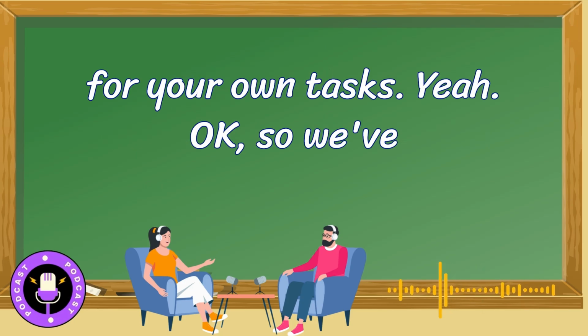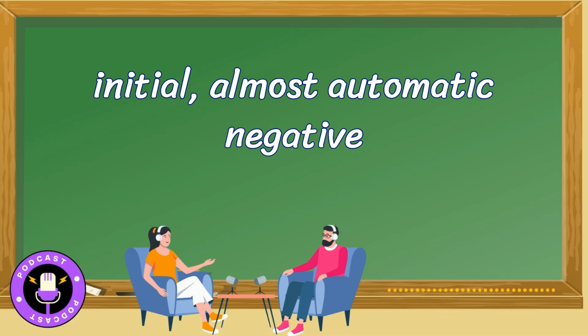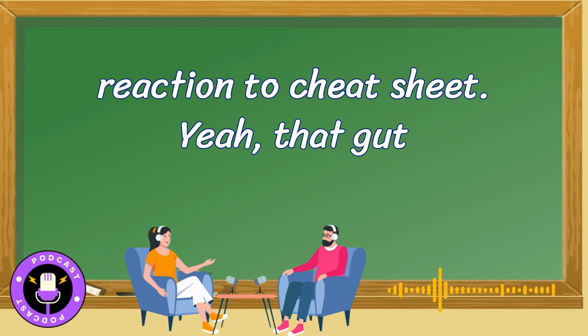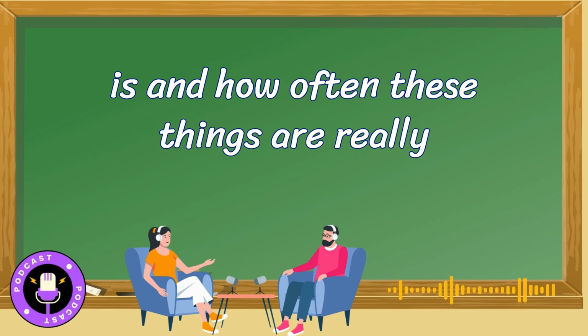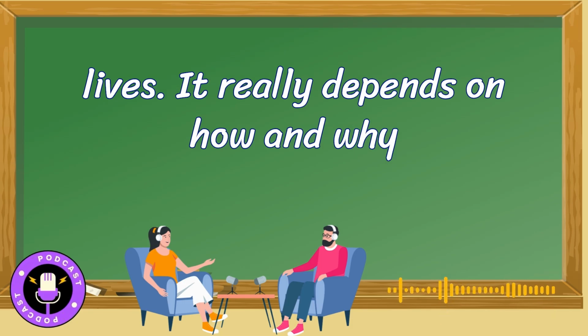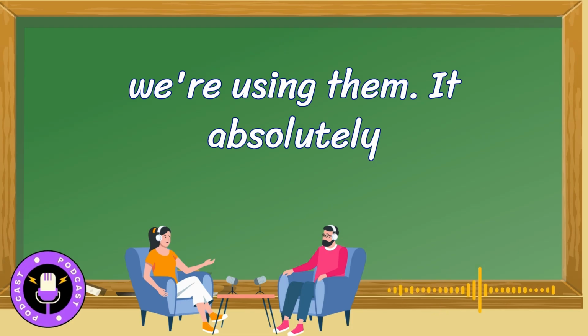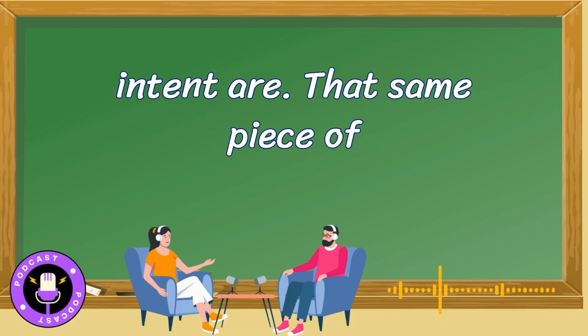Okay, so we've really gone on our journey here. From that initial, almost automatic negative reaction to cheat sheets, yeah, that gut feeling, to seeing how nuanced it actually is and how often these things are really practical, useful tools in our daily lives. It really depends on how and why we're using them. It absolutely underscores how critical context and intent are.